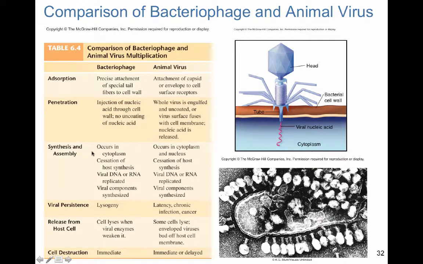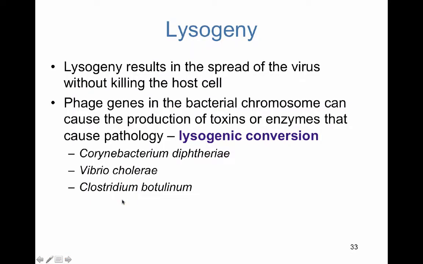Also, the synthesis and assembly for animal viruses could occur in the nucleus. Bacterial cells don't have a nucleus. And there's this viral persistence that can occur with the bacteriophage known as the lysogenic state. All right, so pretty similar, but good to know the minor differences.